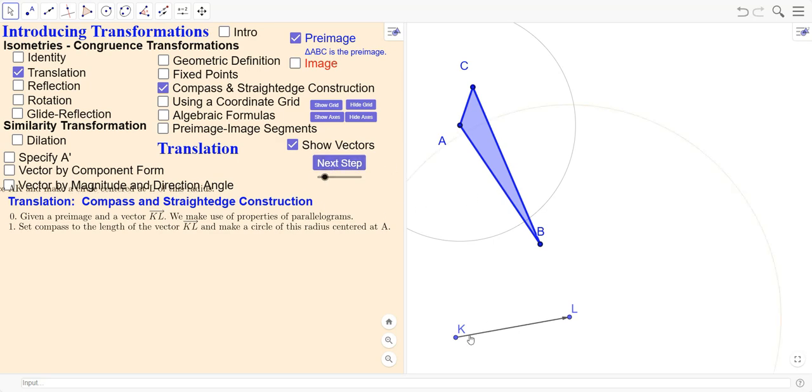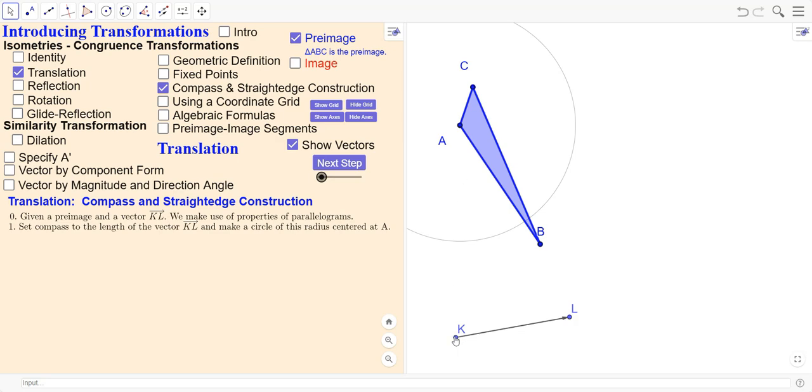Next, what we do is we set our compass going from the start to start, that is from the K here to the A, set it to that distance.